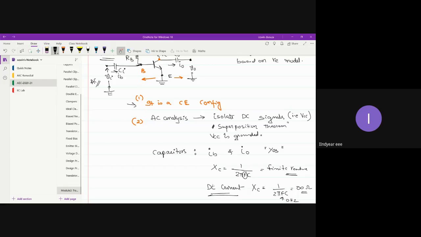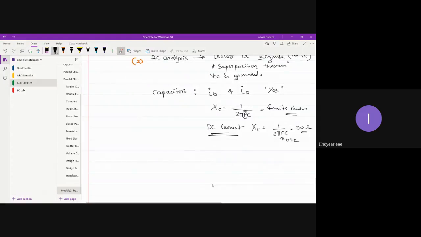So for DC the capacitor blocks, and for AC the capacitor allows the flow of current. So what you have to do is replace the capacitors with short circuit elements.